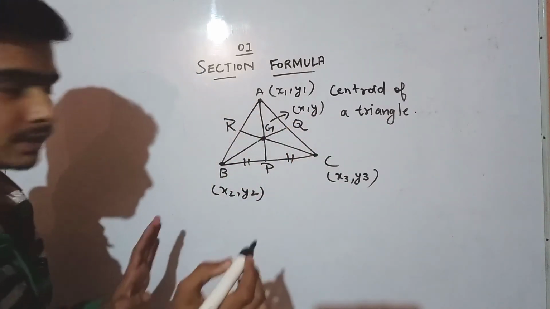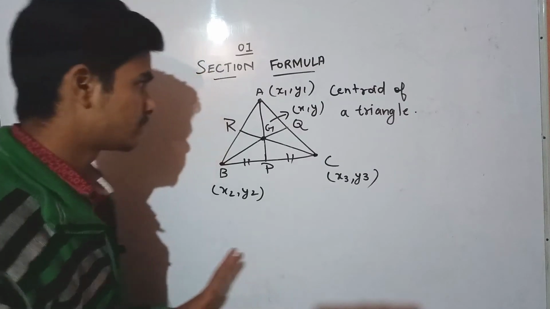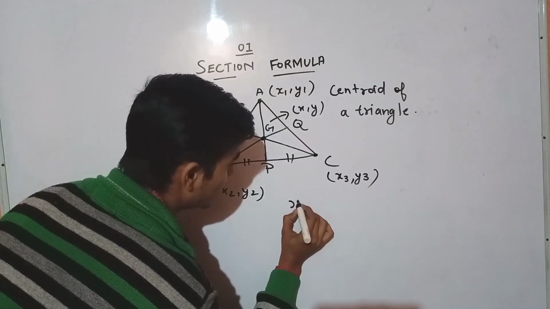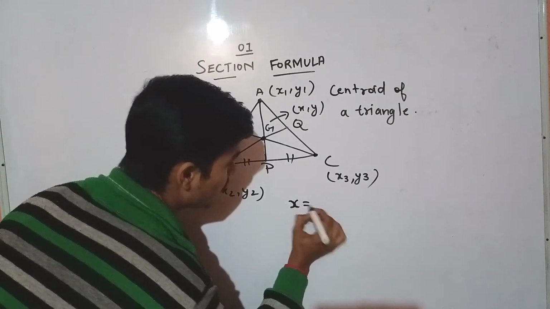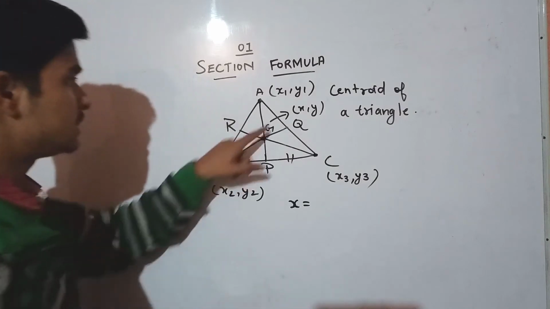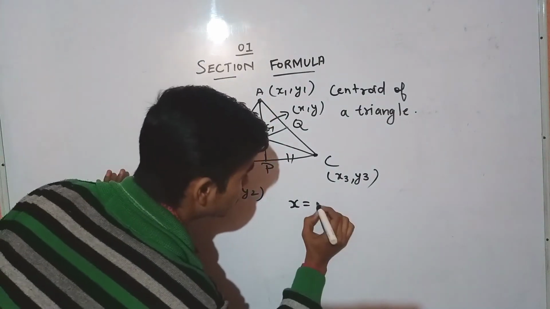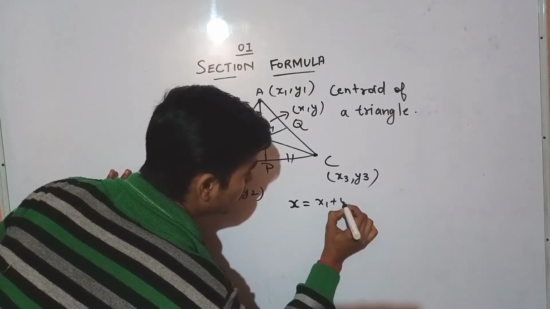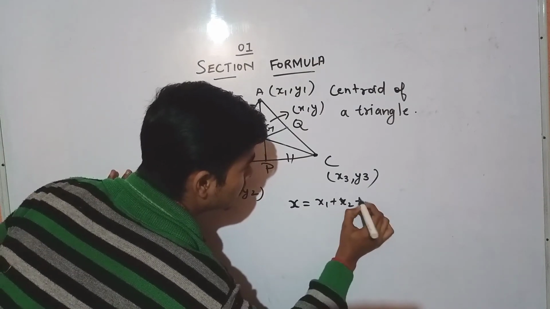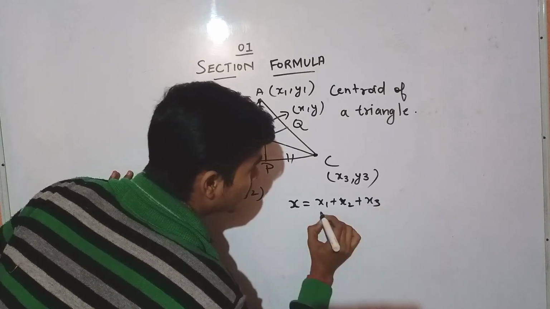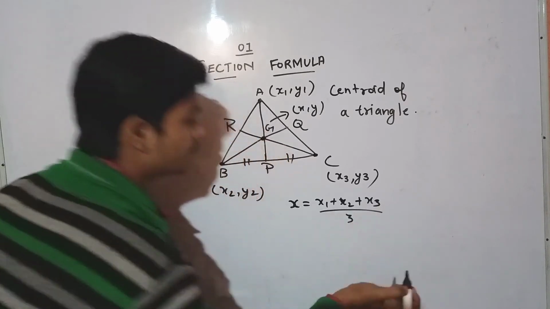So we need to find it individually. To find the x coordinate of point G, what we are going to do is just sum up the x coordinates of all these 3 points, means x1 plus x2 plus x3, and all divided by 3.